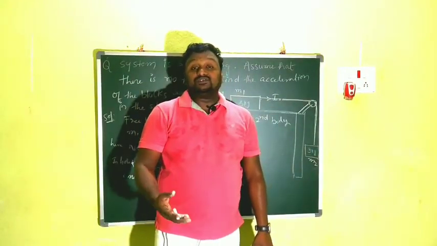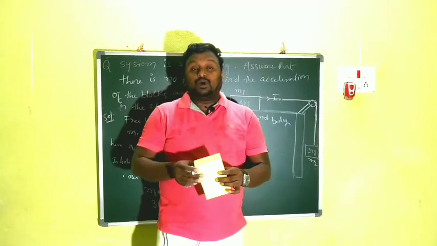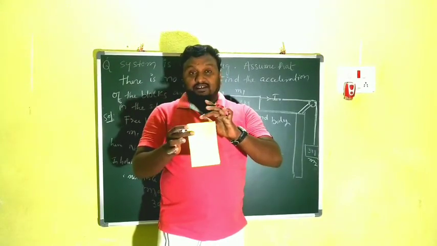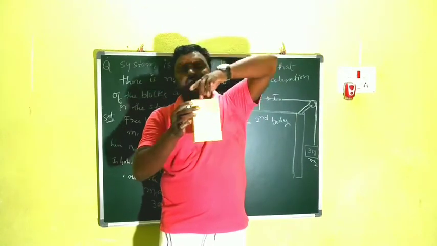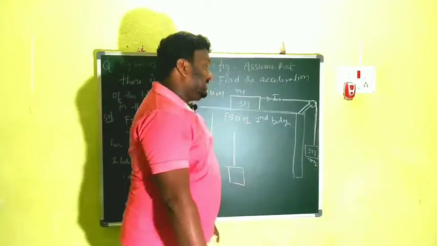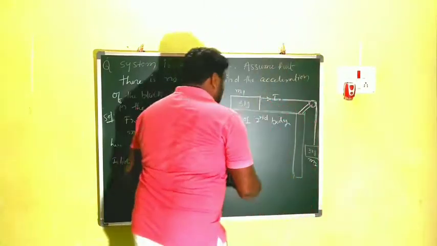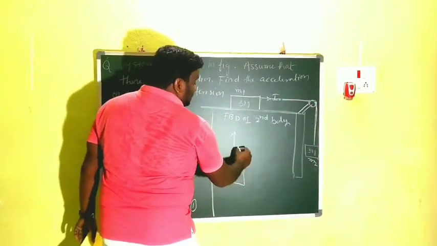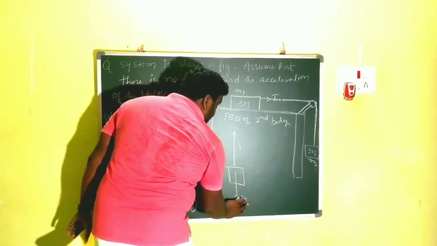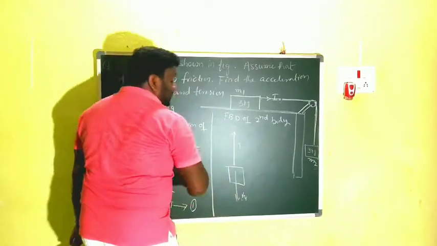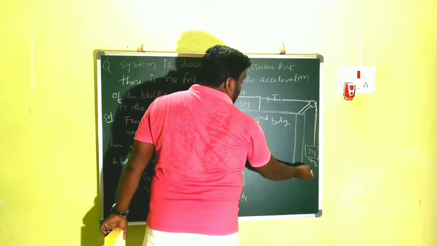When the body is suspended with the help of a rope, just imagine the string is there, that means tension is upward and weight is downward. So here the upward force is tension, and downward is weight. That is the weight. Clear?